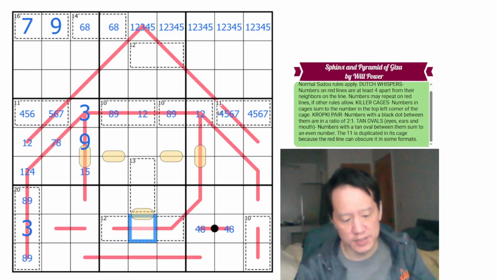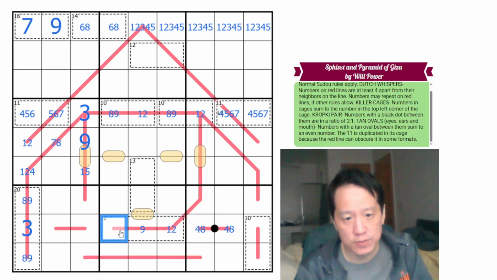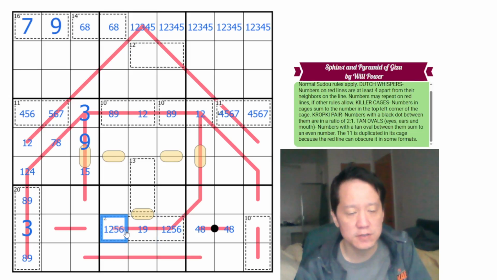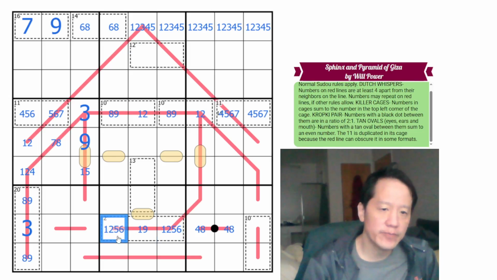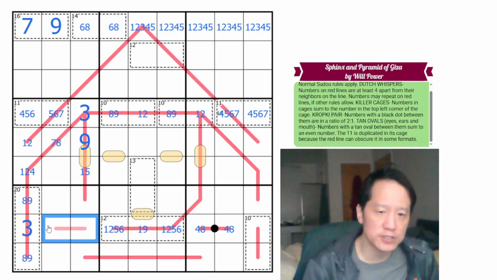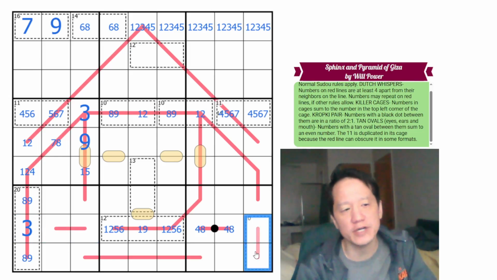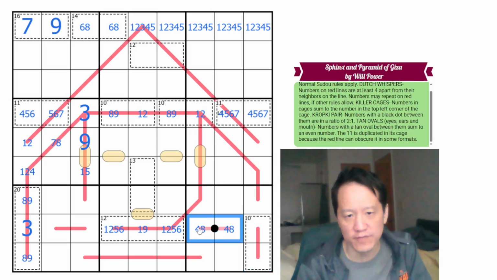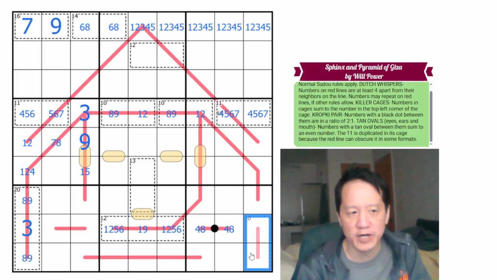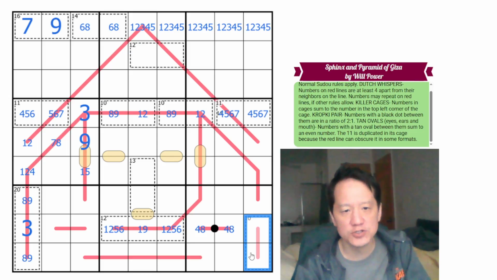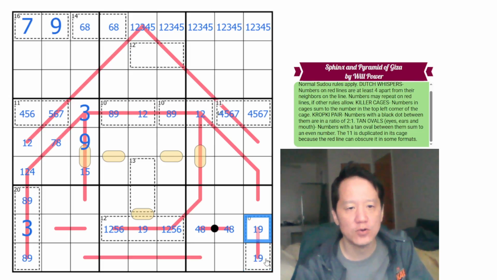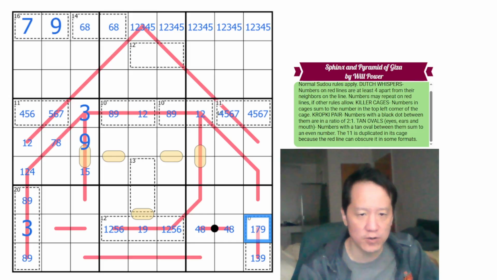So either this is 9 with 1 or 2, or this is 1 with 5 or 6. These two digits cannot have a 9. These two digits cannot be 2, 8, or 4, 6 because the 4, 8 pair eliminates those possibilities for that cage. So this is specifically 1, 9, or 3 here and 7 here.